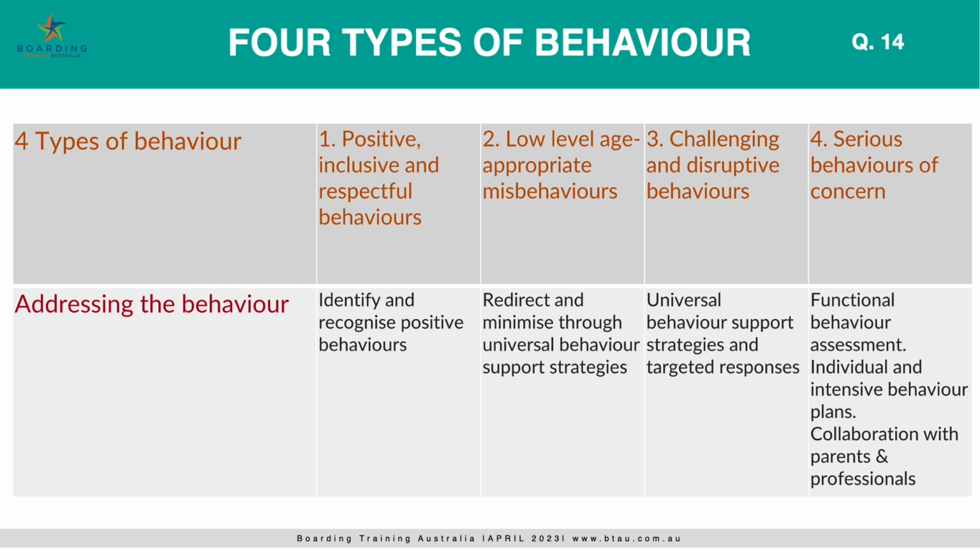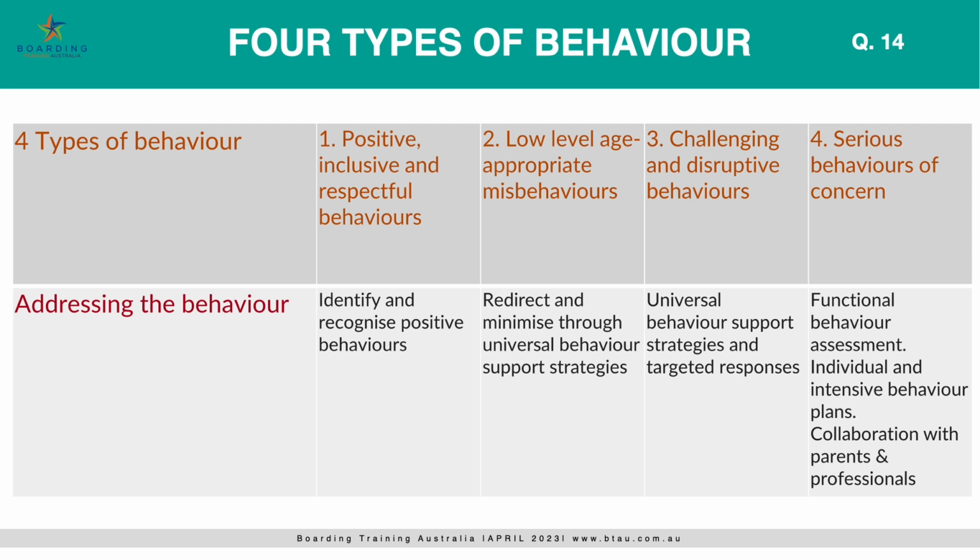Challenging and disruptive behaviours: this is where a student refuses to follow instructions, or might be using abusive language or something like that. These are challenging and can be very disruptive. We use universal behaviour support again, and we use targeted responses to that actual behaviour, which might include things like consequences.